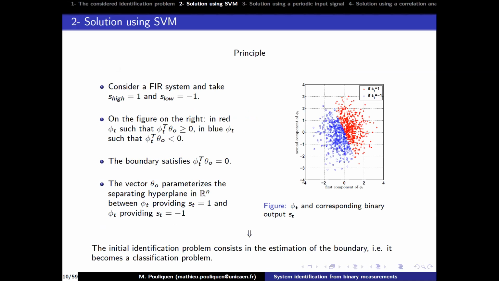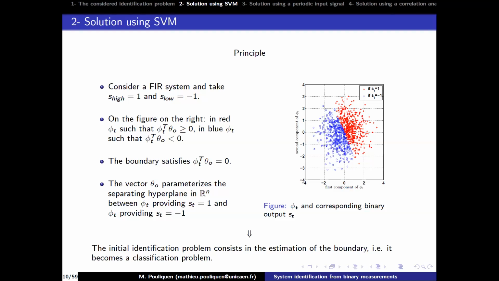In this solution, the two levels are 1 and -1 on the answer, and as you can see on the figure, we have two populations. On the figure, I draw two populations of phi. On the right, in red, I draw the observation vectors which provide me the answer 1 on the output. And on the other hand, on the left, in blue, the phi regression vectors which provide me a negative answer.